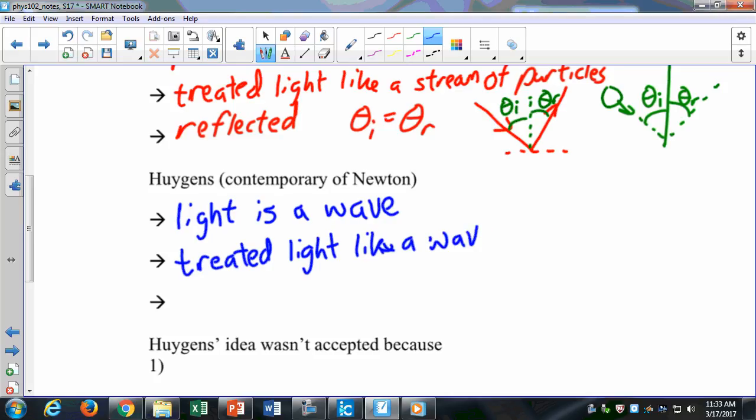They knew a lot about waves back then. They'd done a lot of studies with sound and other types of harmonic motion, which we'll get into in chapter 9. But the reason that he thought that light was a wave was because of refraction.